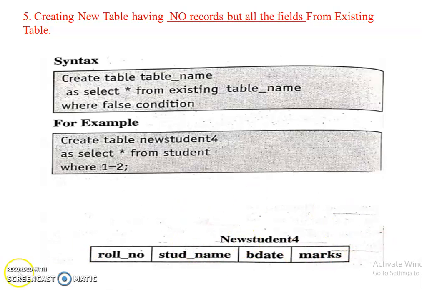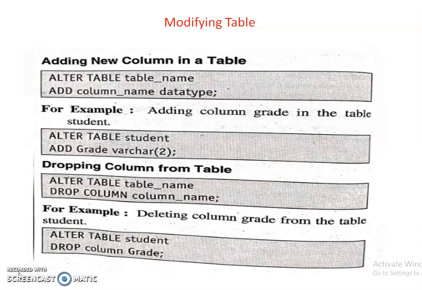Now we discuss how to modify the table. Whenever you modify the table, the alter table query is used for modifying the structure of a table, and we can add, delete or modify a column. Now first we discuss adding a new column in a table. So the syntax is here: alter table, table name, add column name, that is data type.